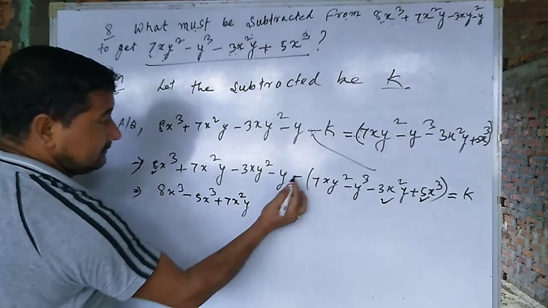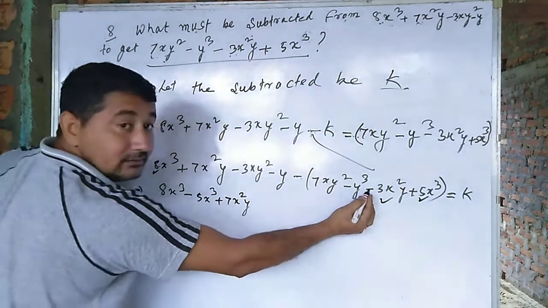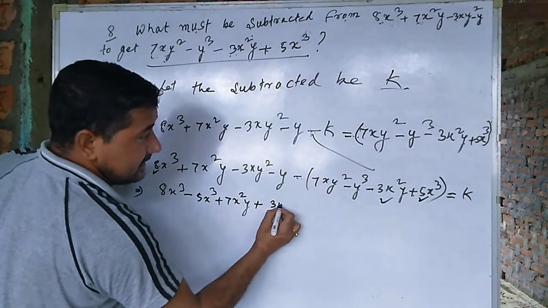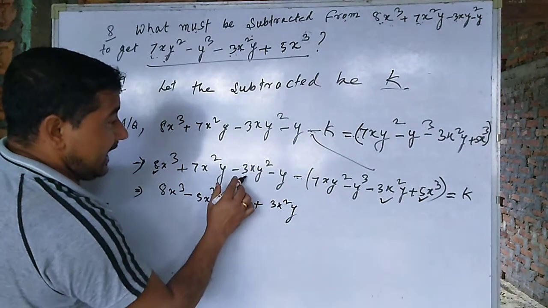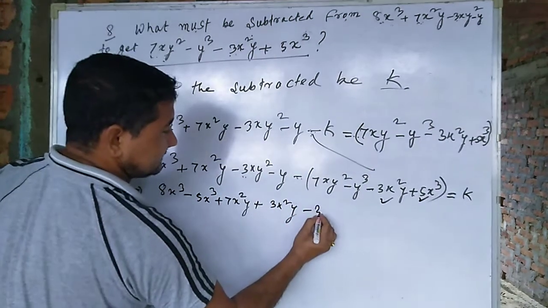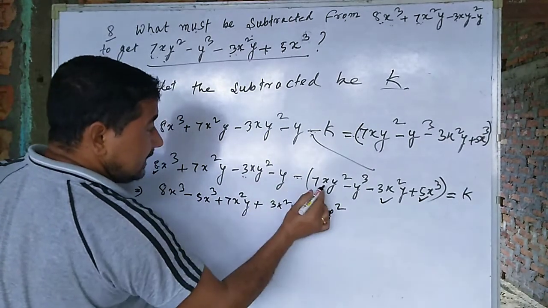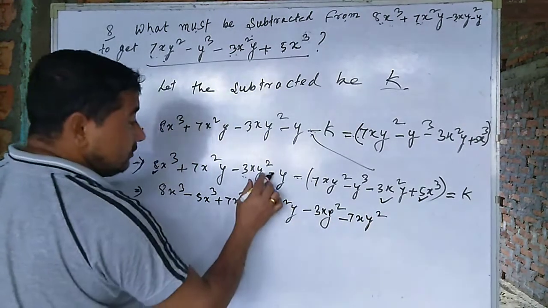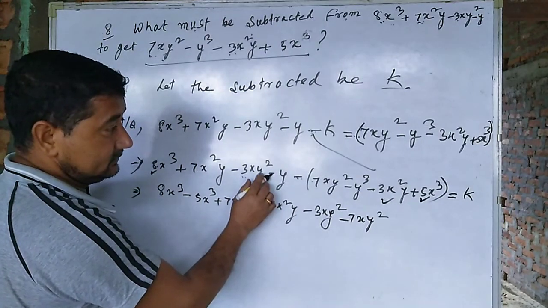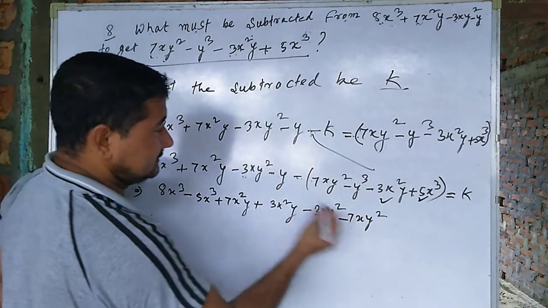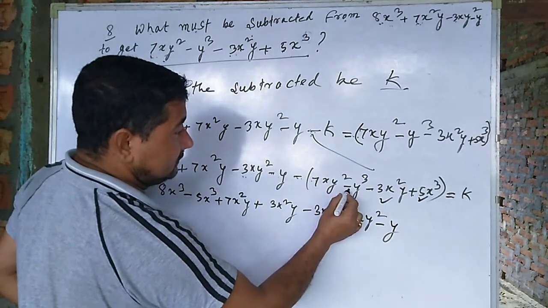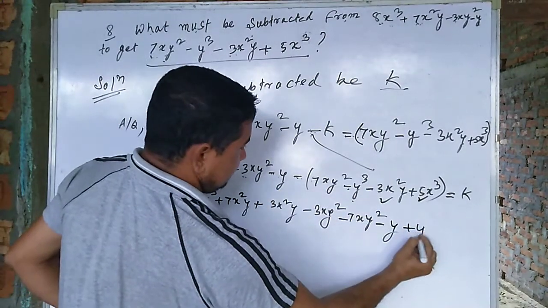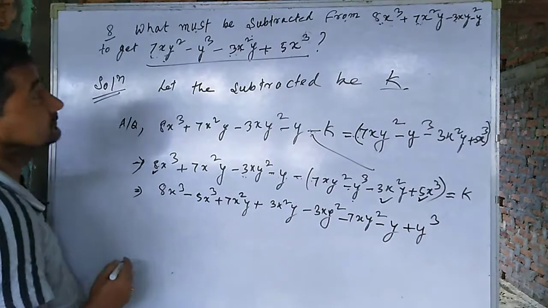This minus will be changed to plus, and 3x square y. Now the xy square term: minus 3xy square, minus plus minus 7xy square. And the y term, there was no like term with y cube, so you write it separately: plus y cube. Here y only.